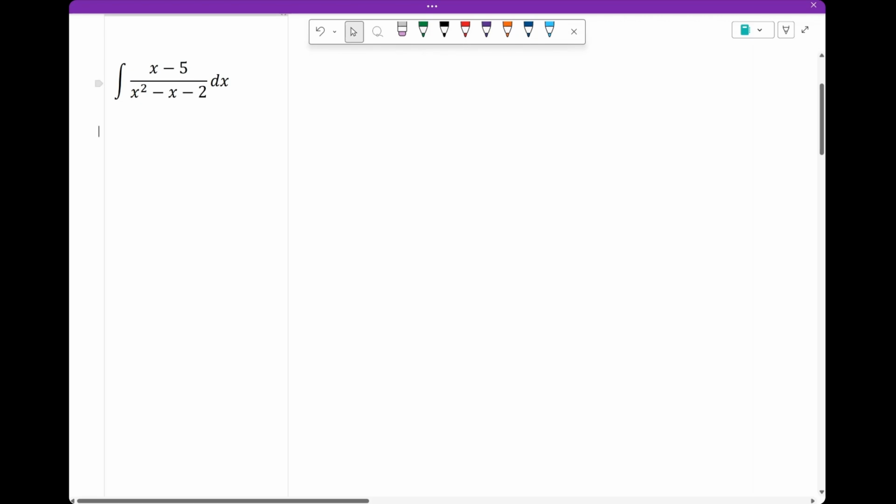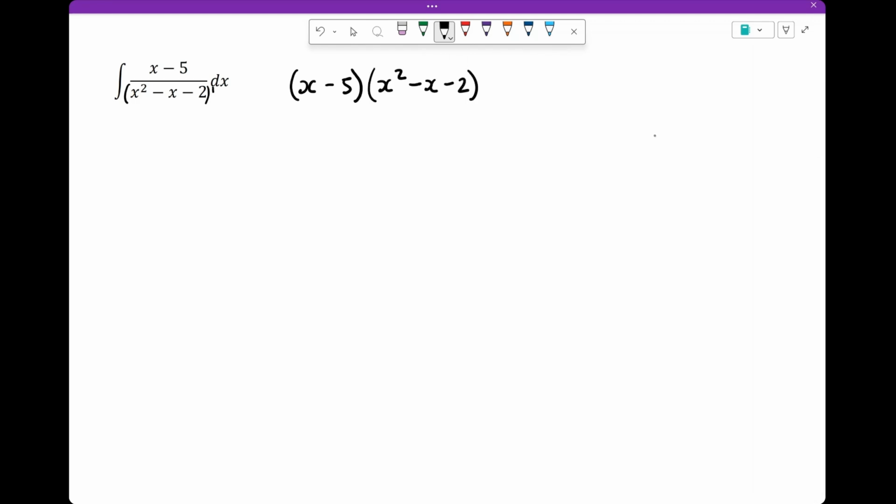However, our denominator is raised to the power of 1. So if I used indice laws, I'd have a power of -1 when I rewrite it as our numerator x subtract 5 multiplied by our denominator x squared subtract x subtract 2 to the power of -1. And we don't want a power of -1 when we're integrating, so therefore we don't want to use indice laws.